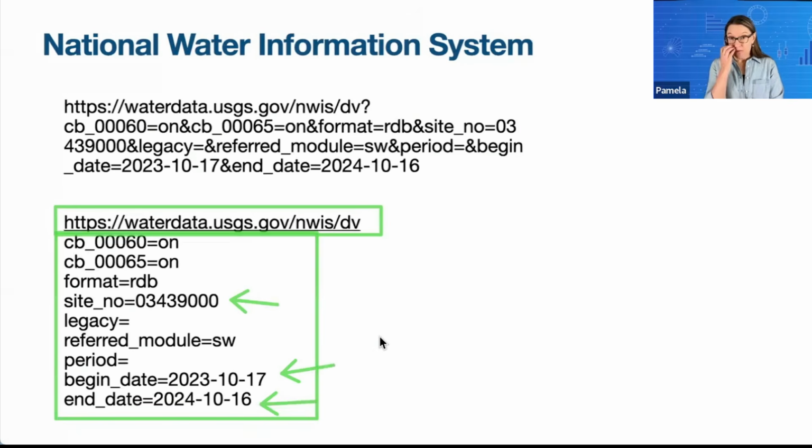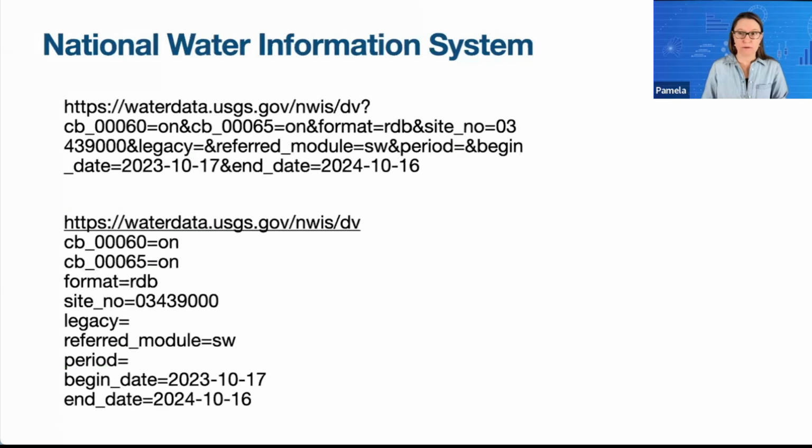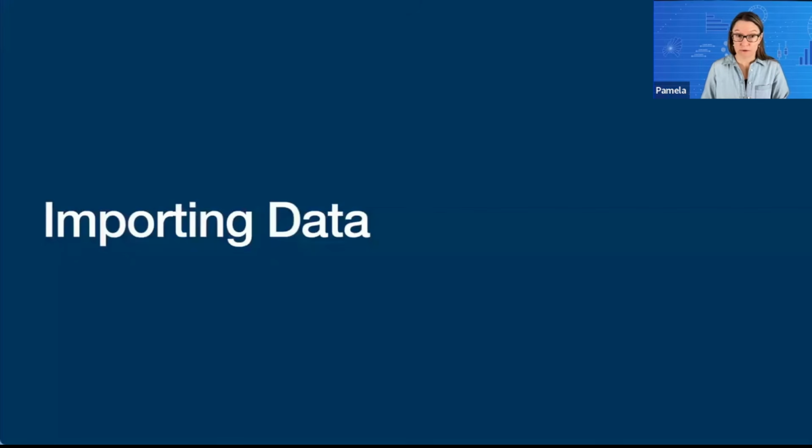Now, what's really convenient is that I can use this information in DataGraph, and I don't even have to go to that website to get that data. So that's what I wanted to show you. I thought this was really, really cool.